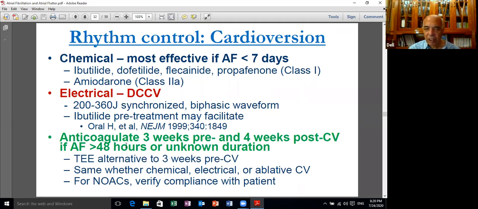You calculate the CHA2DS2-VASc score. If it is more than 2 in males, more than 3 in females, or less than that if there are other risk factors that I pointed out a while ago, then you should continue anticoagulation. If the patient is taking DOACs, then verify that the patient took the last dose, because if you omit the last dose, particularly in the twice daily drugs, then the patient is not protected.